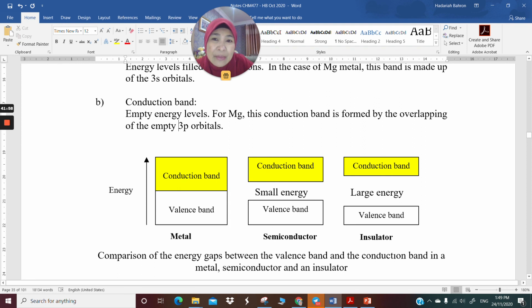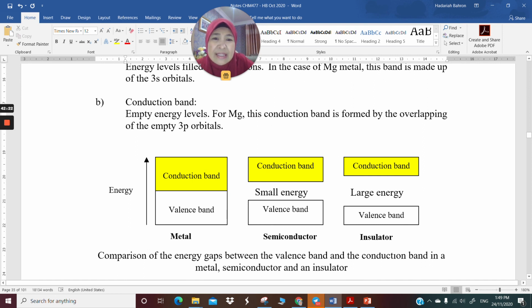In materials called insulators, like wood, like glass, the valence band is separated from the conduction band through a large energy gap.